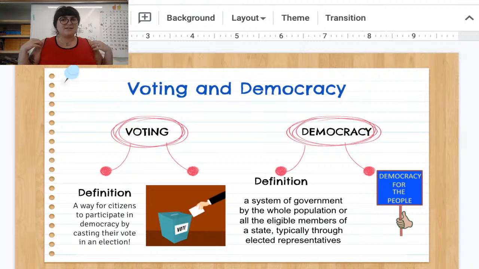Our voting needs to have integrity, and part of having integrity is doing what you think is the right thing, no matter what other people are doing. We don't want to bog ourselves down with what your friend is going to vote for. You need to vote for what you believe in. This is key with democracy. Democracy typically refers to the majority vote.